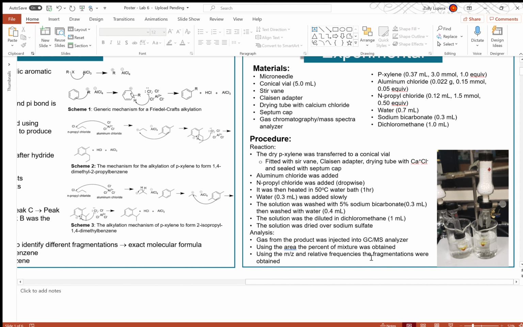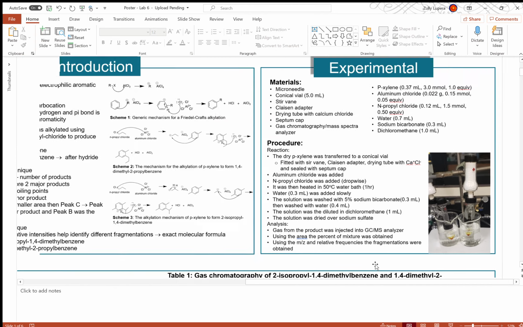From the gas chromatography, we obtained the area and retention times. From the area under the peak, we were able to obtain the percent mixture of each peak or each product. And then from the mass spectrometry, we obtained the m/z and relative intensities, which allowed us to figure out the fragmentations.